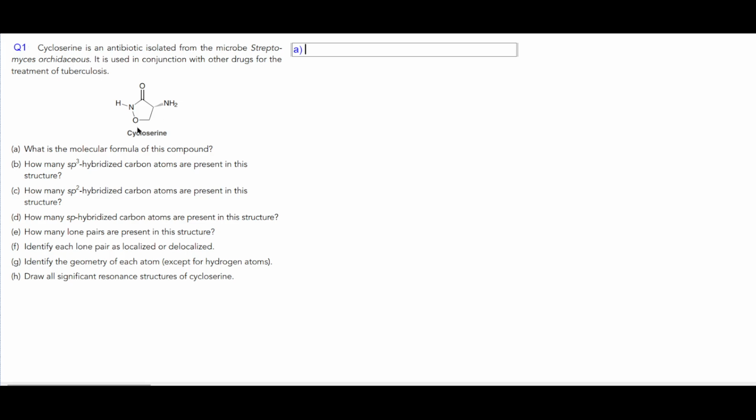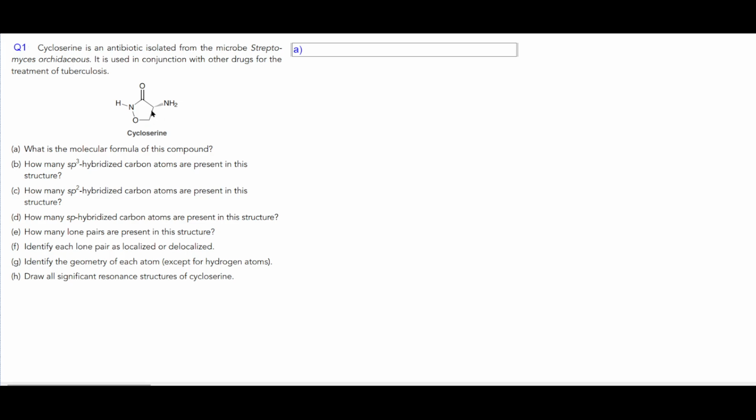Now, this particular structure is shown with a bond line structure, or sometimes some people call it a line angle structure. Here, each corner is a carbon, and carbon is expected to form four bonds.